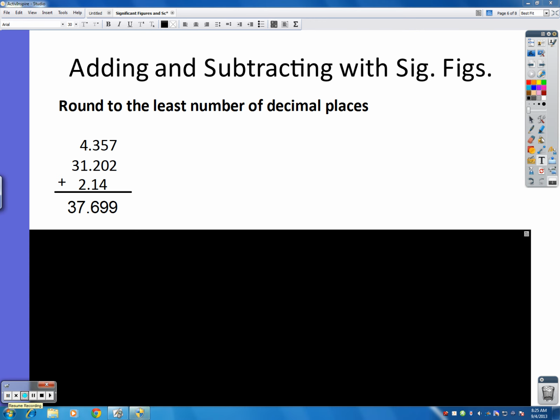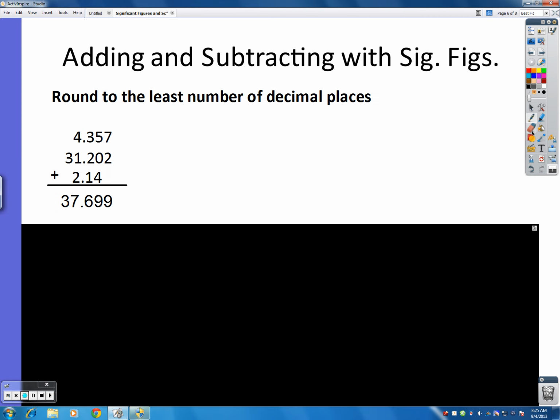So if you add this up, you should get 37.699. But the rule says we're going to round to the least number of decimal places, which is this number here. 2.14 has 2 decimal places. So we're going to need to round that. Looking at 37.699, if I'm going to round that, I'm going to end up with 37.7.